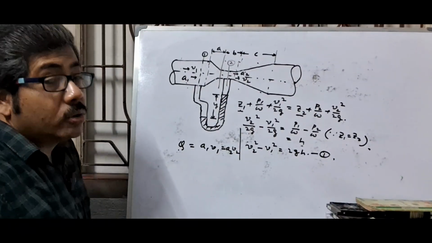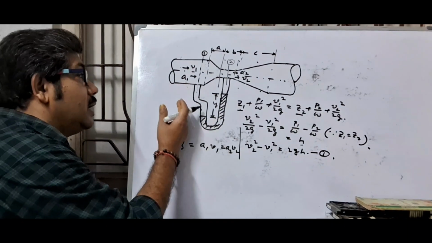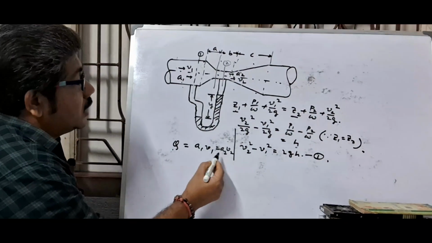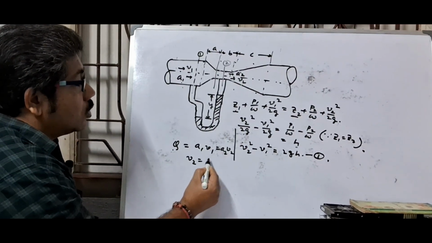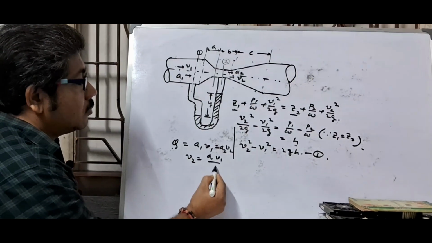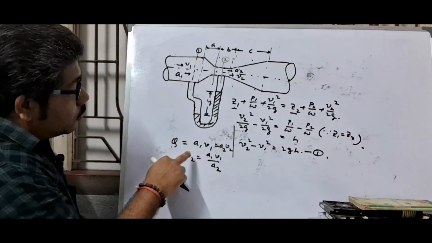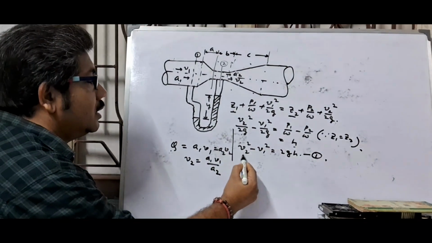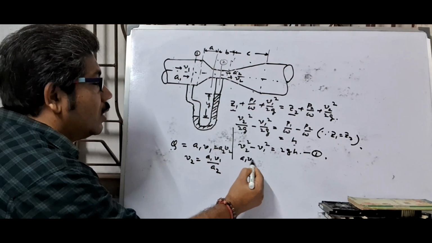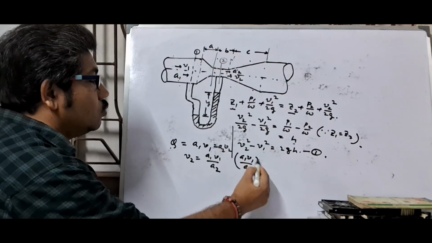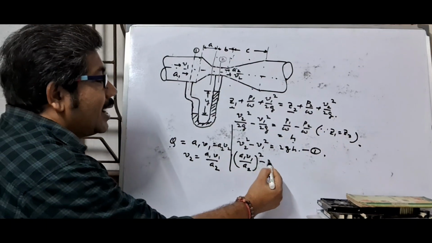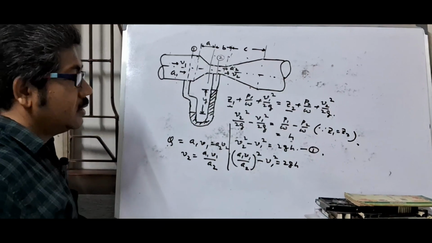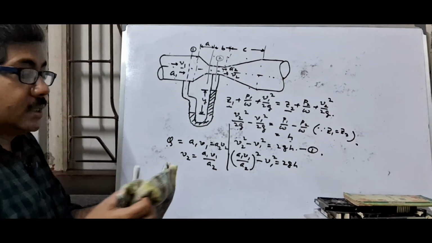According to the continuity equation, at all sections discharge is equal. Now, V2 equals A1 V1 by A2, and putting this value in equation 1, the value of V2, A1 V1 by A2 whole square minus V1 square, is equal to 2GH. Simplify the equation.